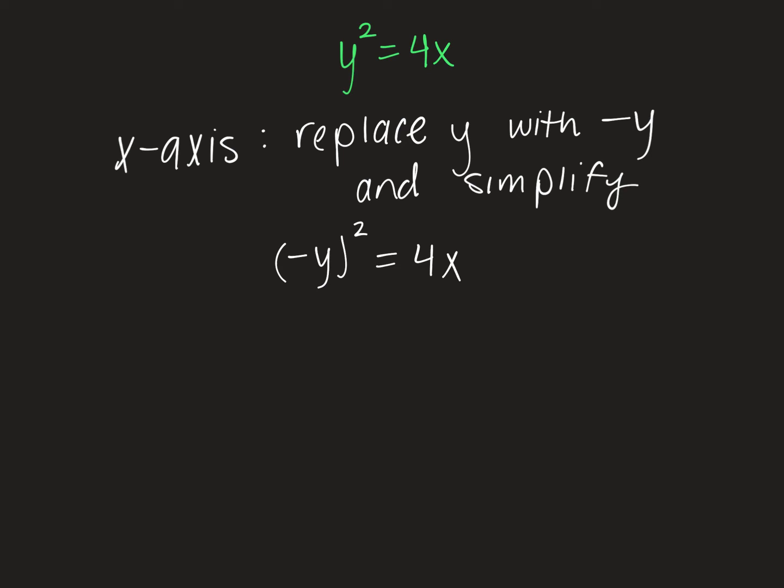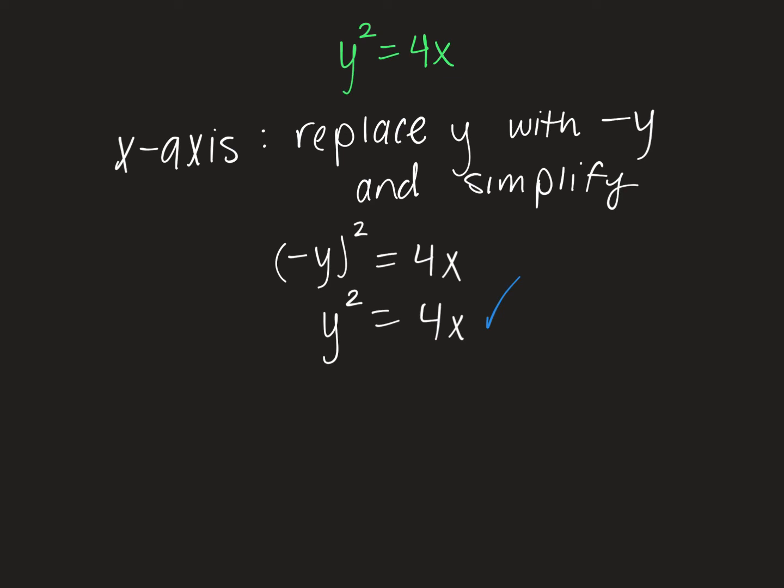Negative y times negative y would be positive y squared, right? When you square a negative, it becomes a positive. So there we go. Since it stays the same as the original equation, that means it does have x-axis symmetry. The goal is to keep them the same. If they stay the same when you do the replacement, they are symmetric. If the sign changes, then they are not symmetric.